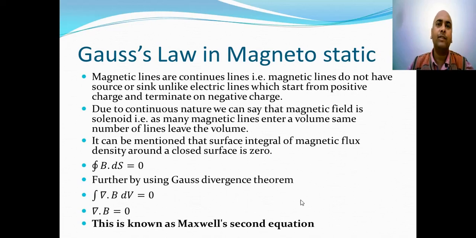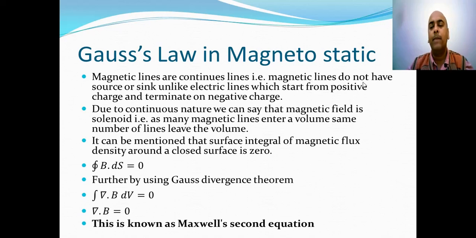Next is Maxwell's second equation. Maxwell's second equation is basically Gauss law in magnetostatics. So in magnetostatics we come across magnetic lines, and magnetic lines are always continuous lines.